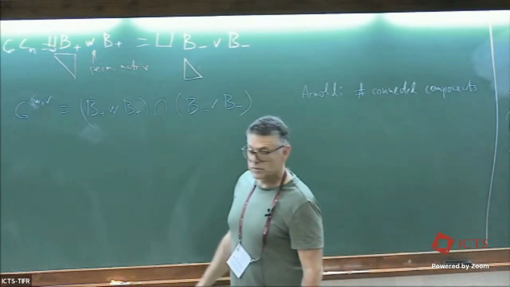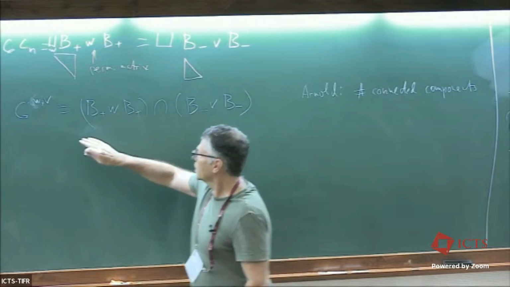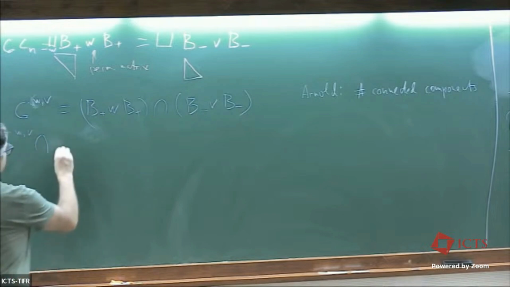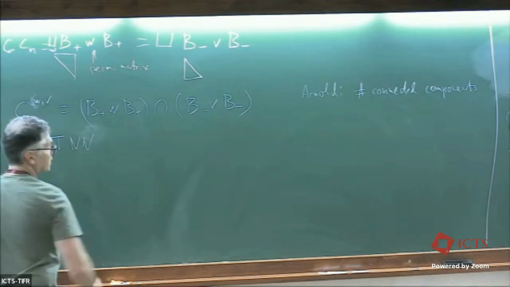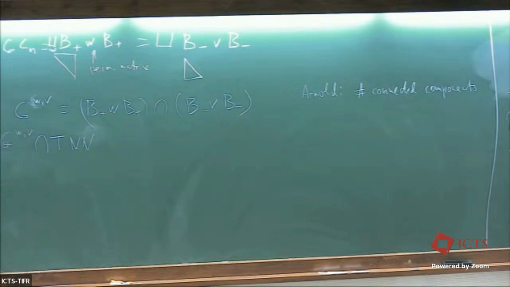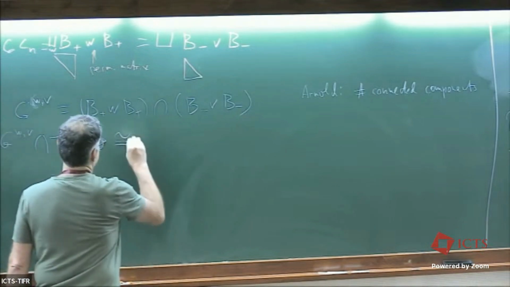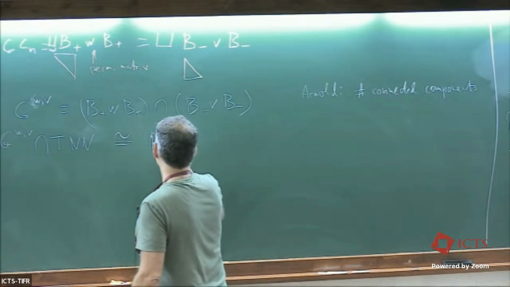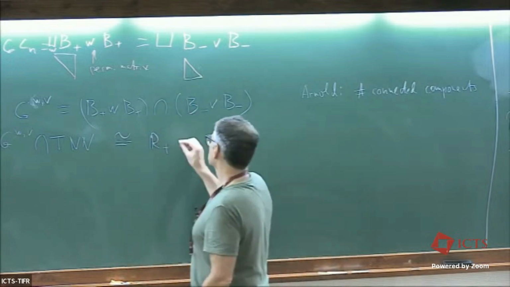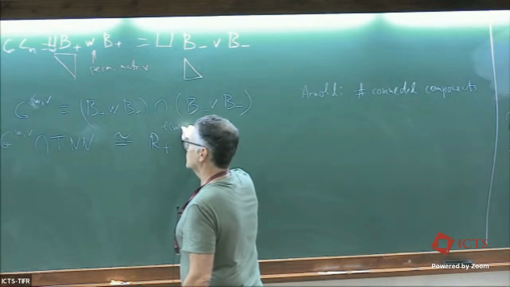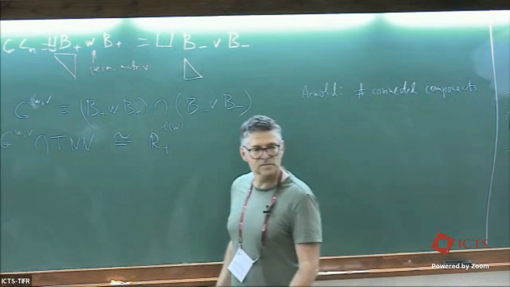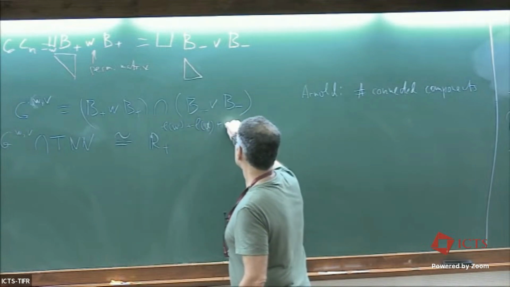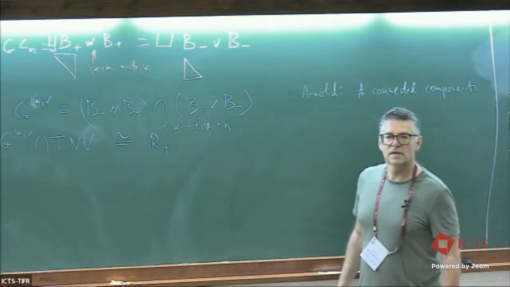However, if we assume that we want an intersection of this set with the set of totally non-negative matrices, then it is in fact diffeomorphic to the positive real line to the power of the length of the first permutation, so the minimal number of transpositions, plus the length of the second permutation, plus the rank of the corresponding algebra.